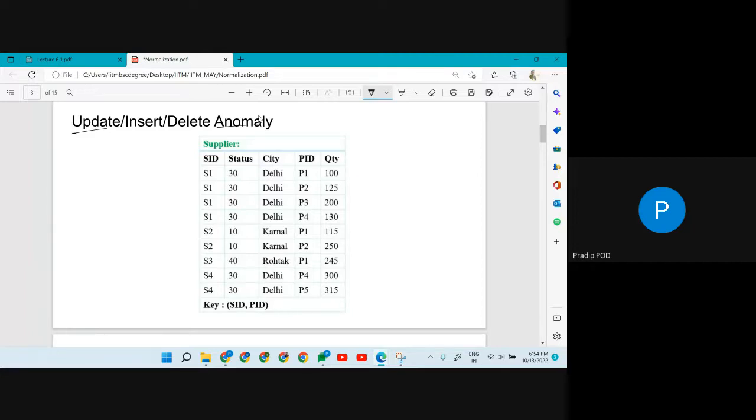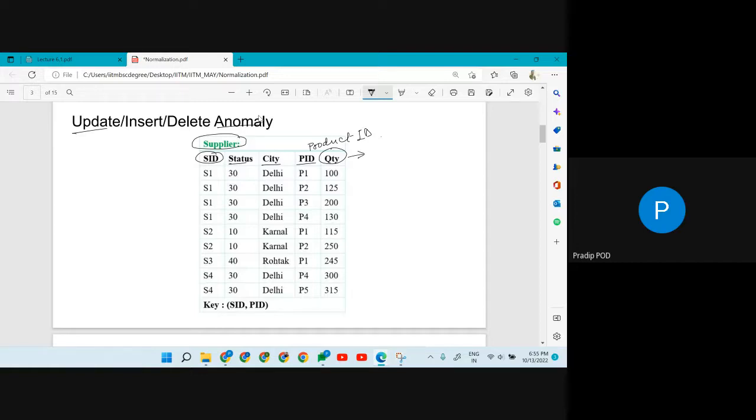First, let me define what this table is. This is your supply table. This is your SID, supplier ID, this is the status of your city, and this is the city to which the supplier belongs. And PID is your parts ID, or you can simply say the product ID, and this is your quantity.